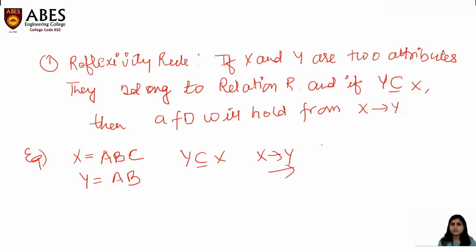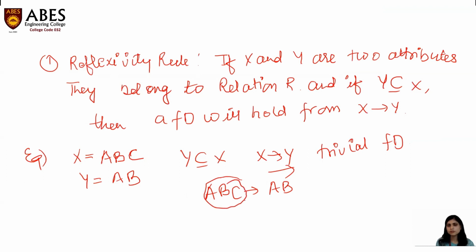It is clearly a case of trivial functional dependency that I've already discussed, because we can say that ABC implies AB. As we can clearly see, ABC is already available, so from ABC we can clearly determine AB. So here the same logic of trivial functional dependency is called reflexivity.